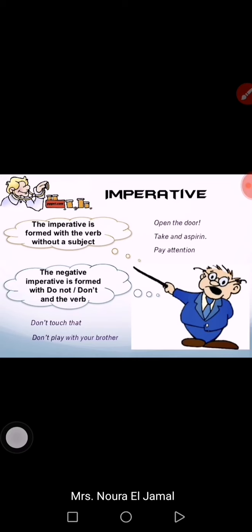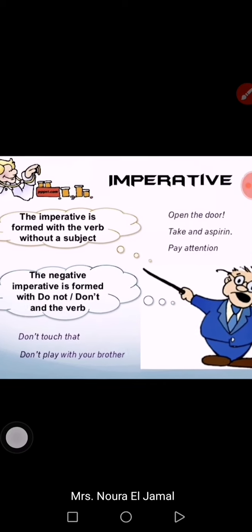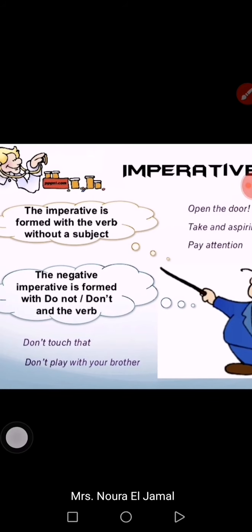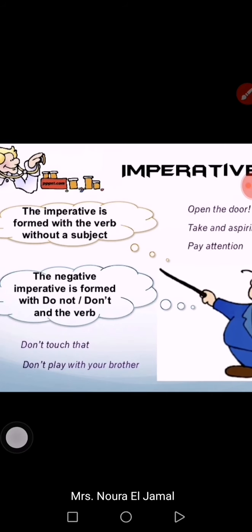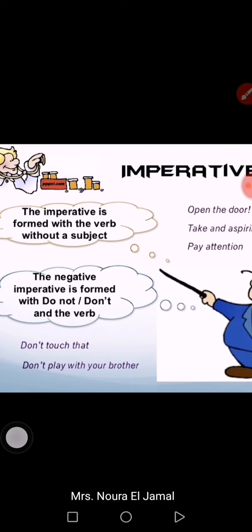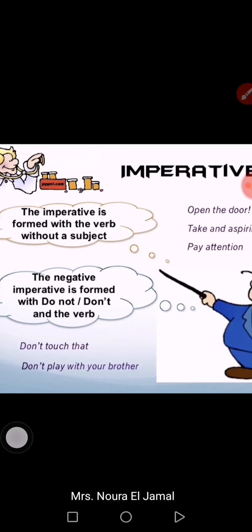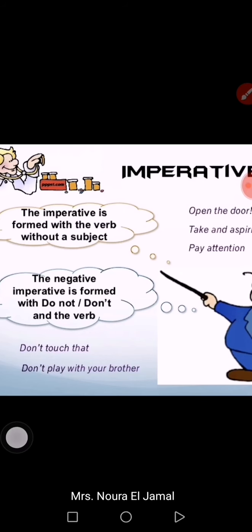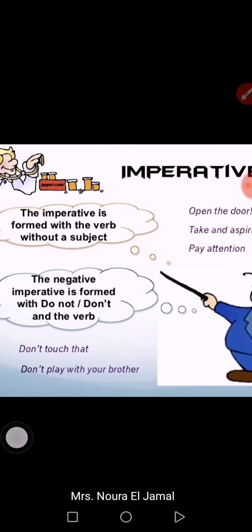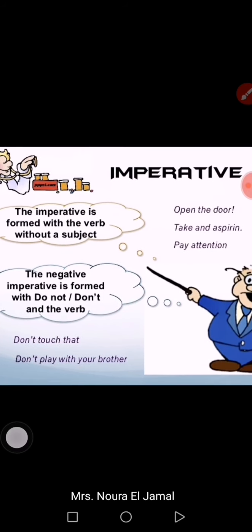Now, imperative means what? The imperative is formed with the verb without a subject. When we read these sentences, there is no subject in the sentence, correct? The sentence starts with a verb. The negative imperative is formed with do not or don't and the verb. Examples here.